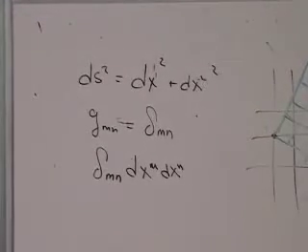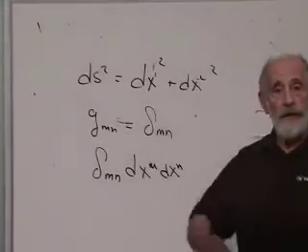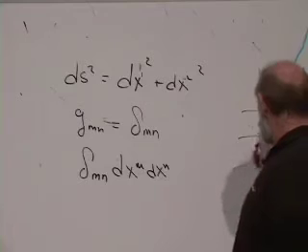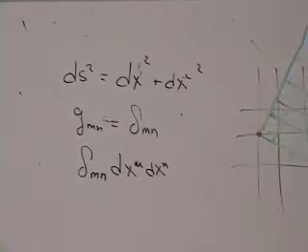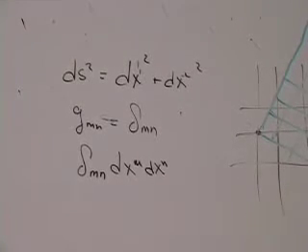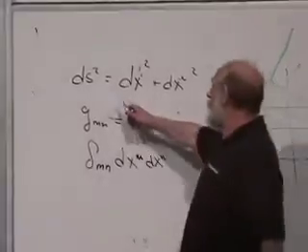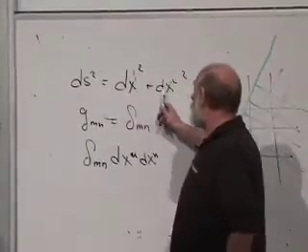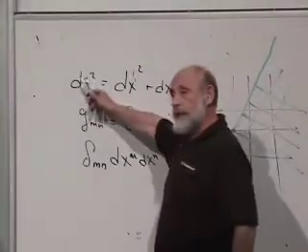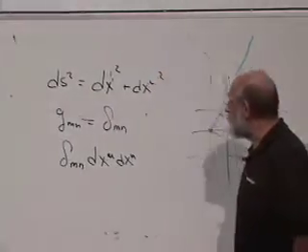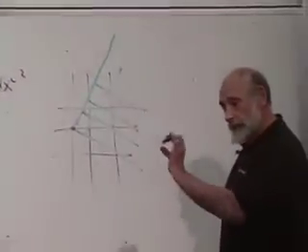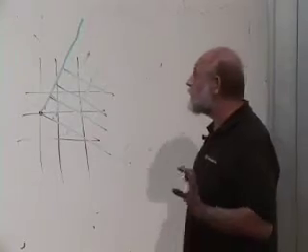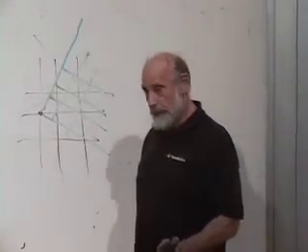But there's another way to say this: the class of transformations that takes you from one coordinate system to another are the transformations which preserve the form of the interval, preserve the form of the length, preserve the form of Pythagoras' theorem. Right?